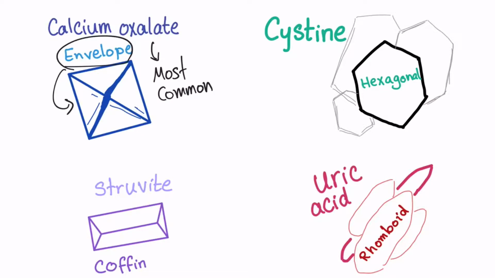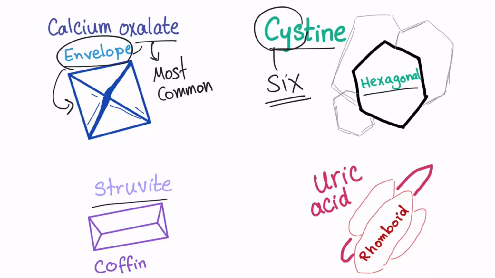You receive and send mail all the time. So calcium oxalate, envelope. Let's go to cysteine stones. They are hexagonal in shape. How do I remember it? Cis looks like 6, especially if you know French or Spanish, it's pretty close.